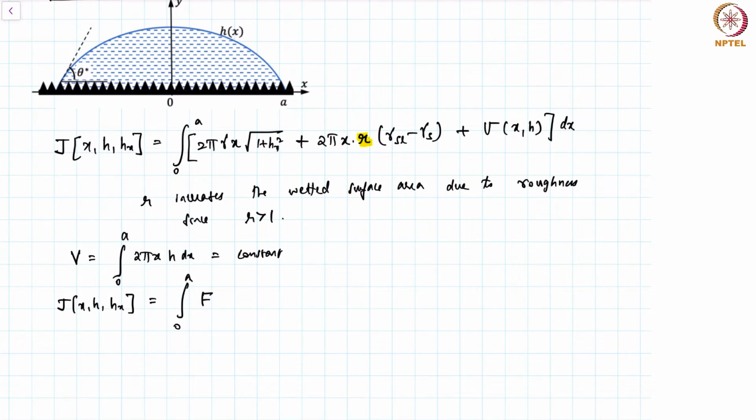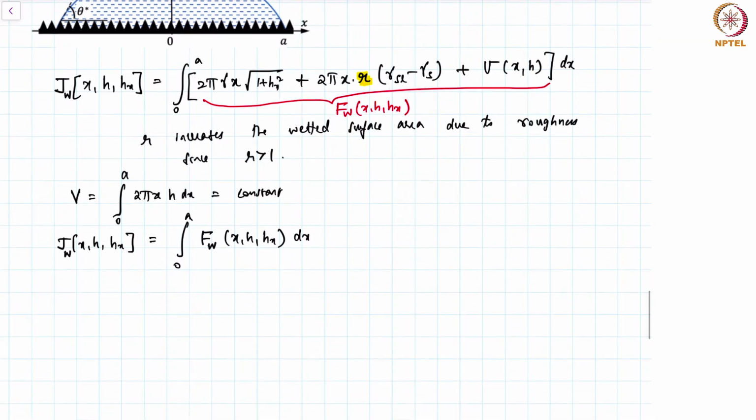Let's call it slightly different. Let's put a subscript w to state that this energy functional is for the Wenzel state. I have fw of x, h and hx dx, and this quantity f is this fw of h and hx.